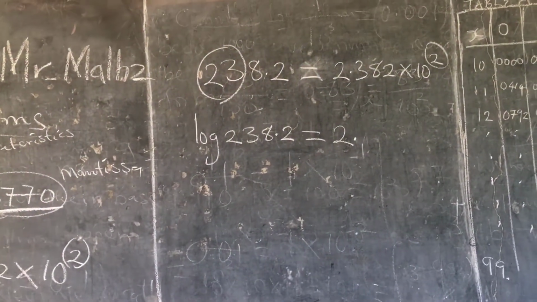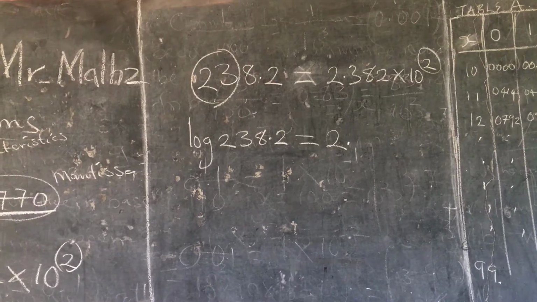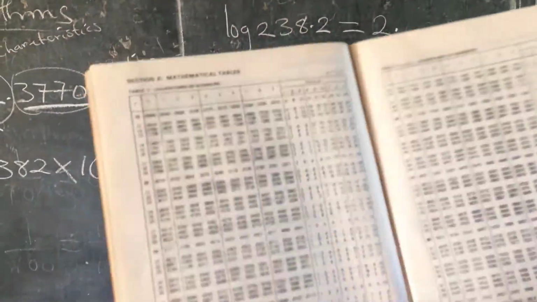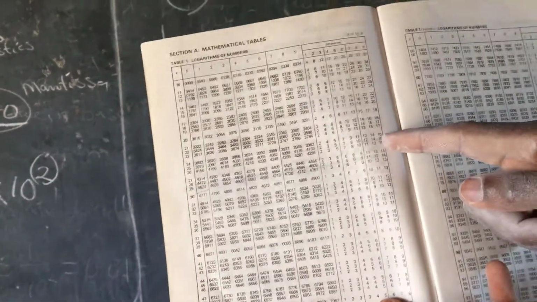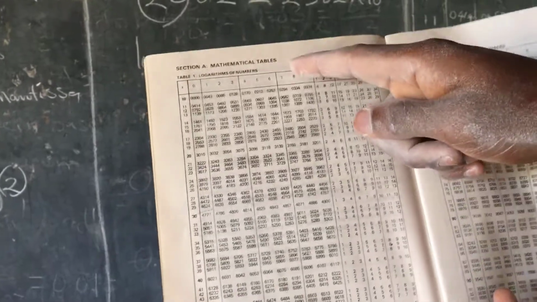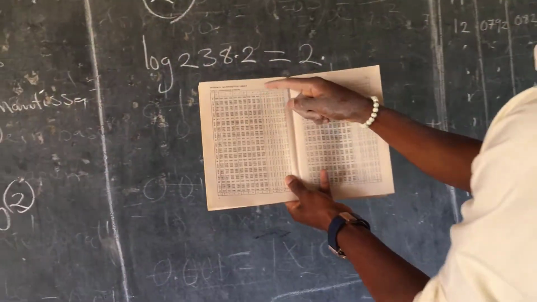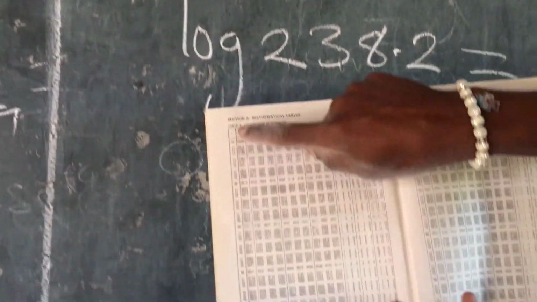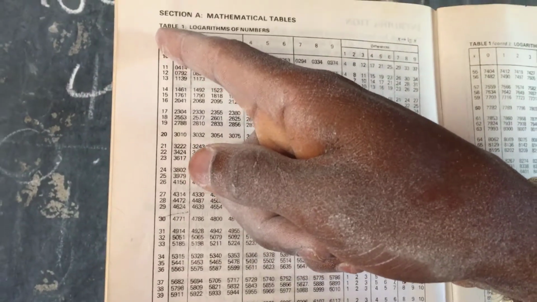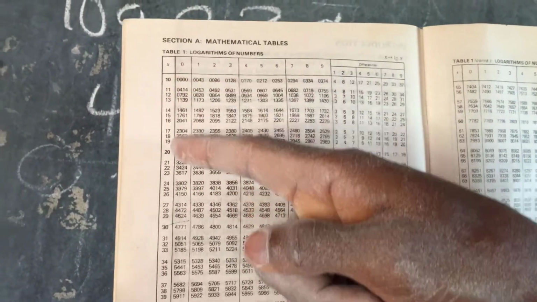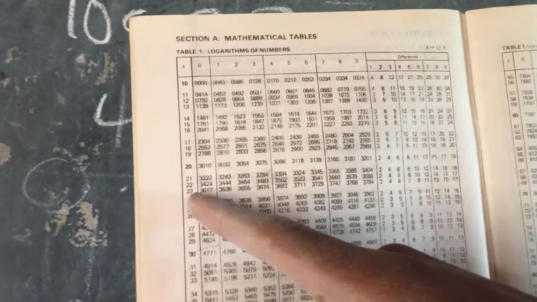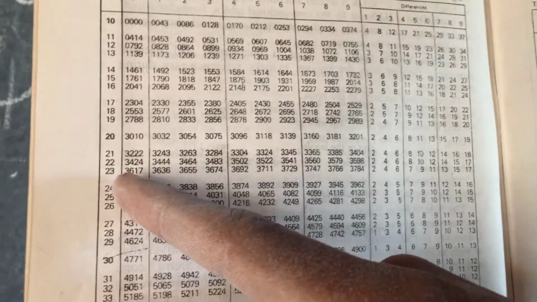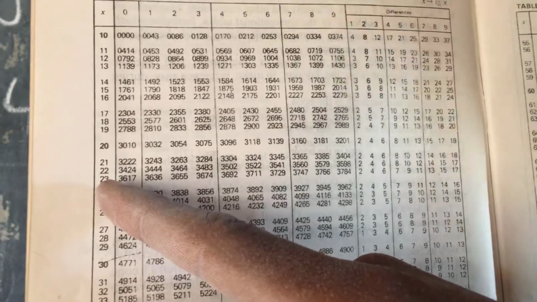Now this one is my 4-figure table. See my 4-figure table here. First, 23, I will check. So I come to this X column, where it is. Now I look for 23. See where my 23 is.